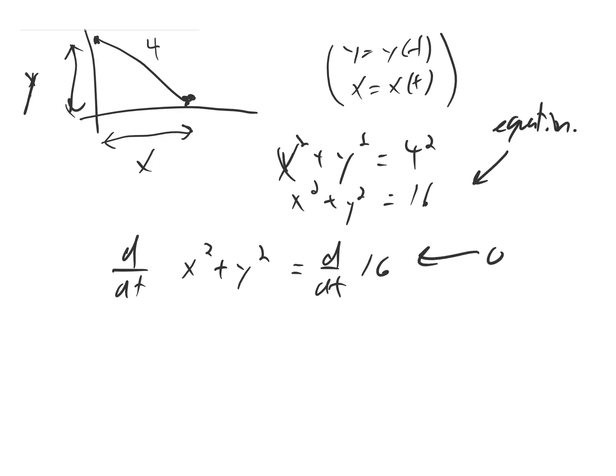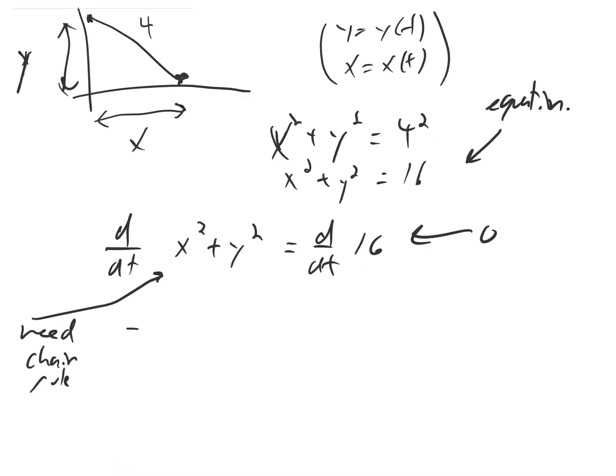Well, the derivative of a constant is 0. That hasn't changed. But since we're treating x and y as functions of t, we need the chain rule to take these derivatives. So this derivative is equal to 2x, but then we're not done because x is a function of t.